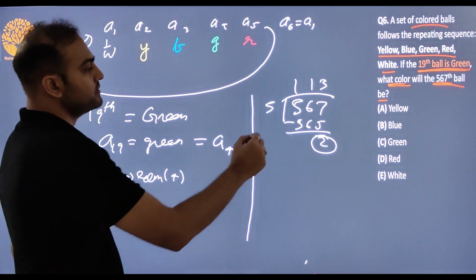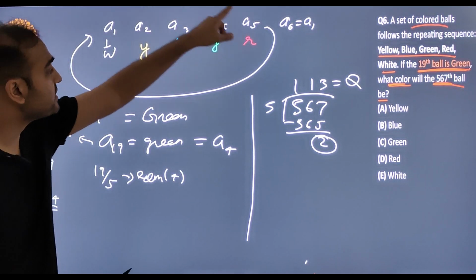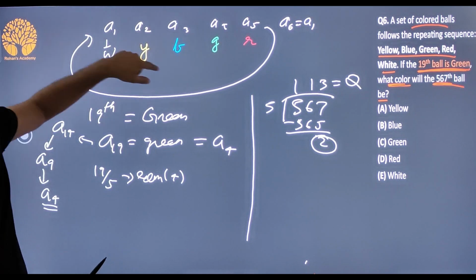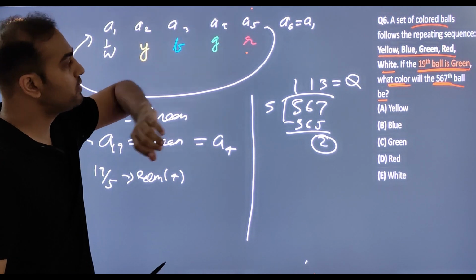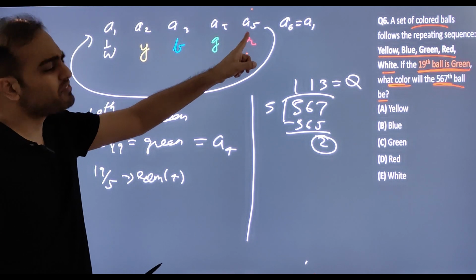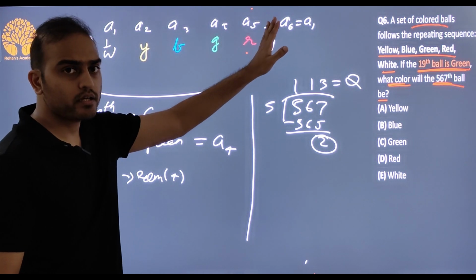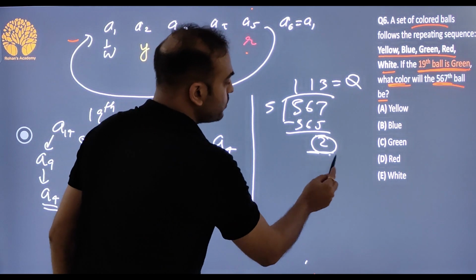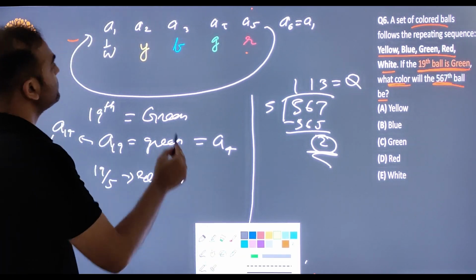That means 113 is the quotient, so 113 circles will be completed. This will be my 565th ball. 113 circles are completed, and I need to take 2 more steps.